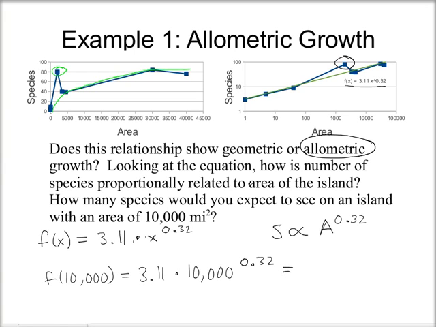So I'm going to put that into my calculator, and I'm going to round to the nearest whole number, since we can't have a decimal number of species, and that's going to give me 59. So I'd expect to see 59 species on an island with an area of 10,000 square miles.